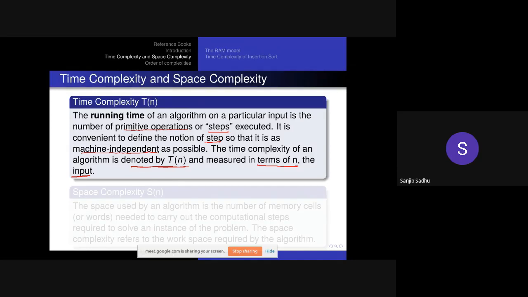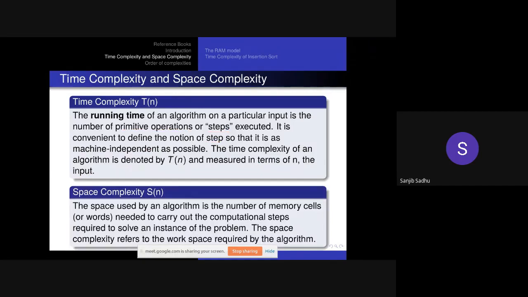What do you mean by space complexity? The space used by an algorithm is the number of memory cells needed to carry out the computational steps required to solve an instance of the problem. What do you mean by an instance of the problem? Instance means the input that I showed you earlier, like sorting 4, 1, minus 6. That is an instance of the problem.